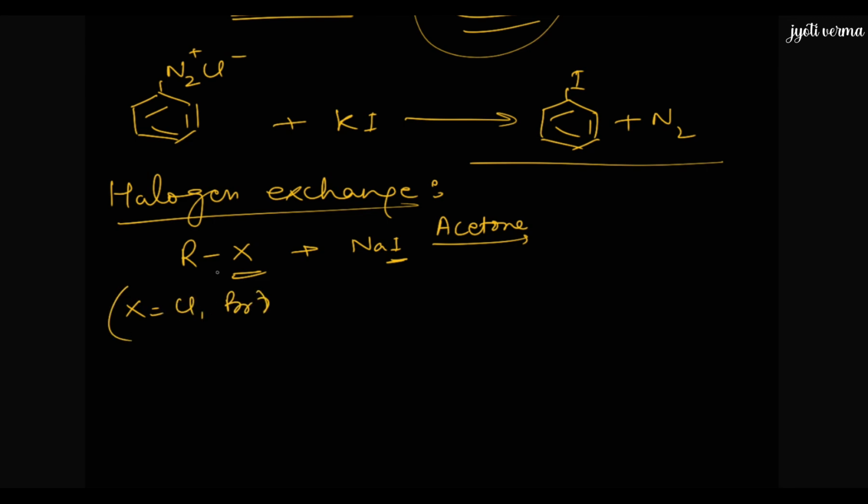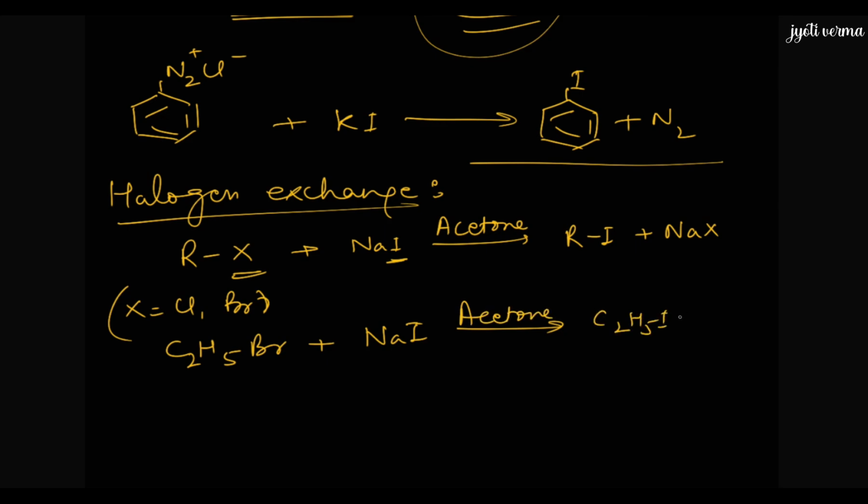So when we have chloroalkane or bromoalkane, and we do its reaction with sodium iodide or potassium iodide in presence of acetone, the compound obtained will be RI plus NaX. If we write the proper equation, then it will become C2H5Br. Do its reaction with sodium iodide in presence of acetone, the compound obtained will be C2H5I plus NaBr.